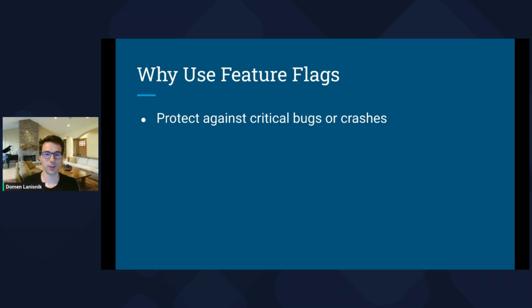If you don't have a feature flag, you will need to create a hotfix, release it, and then wait for users to update to this version that has the bug fix. This is stressful for pretty much everyone involved, especially developers and QA.